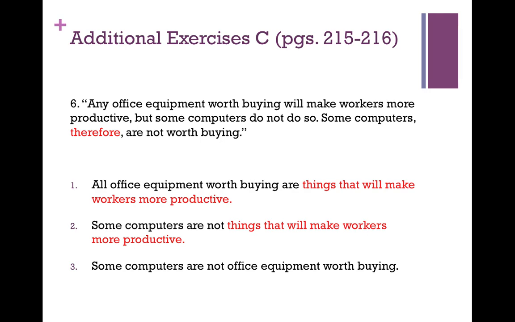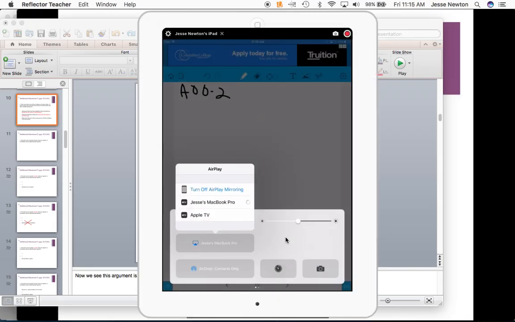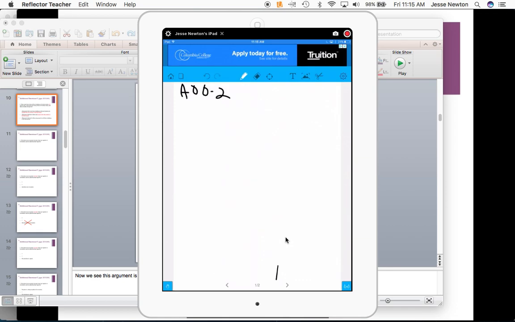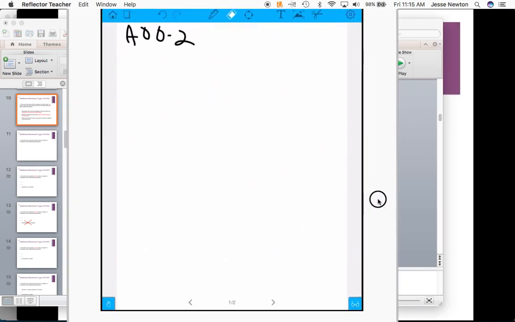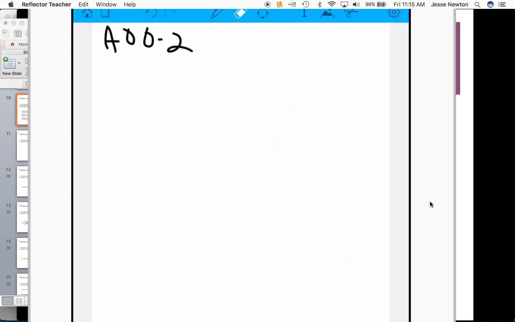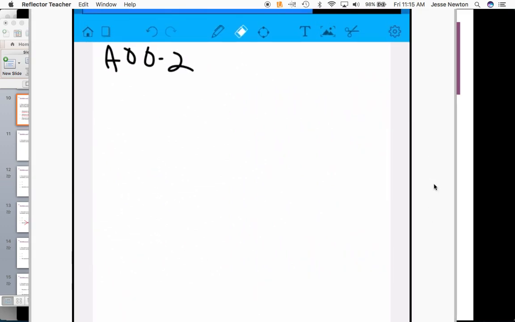And we're going to diagram this argument. Let me pull up my app here. It'll just take a second as always. A, O, O, 2.